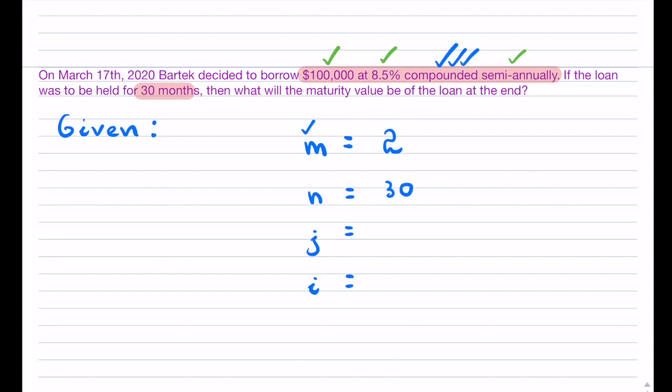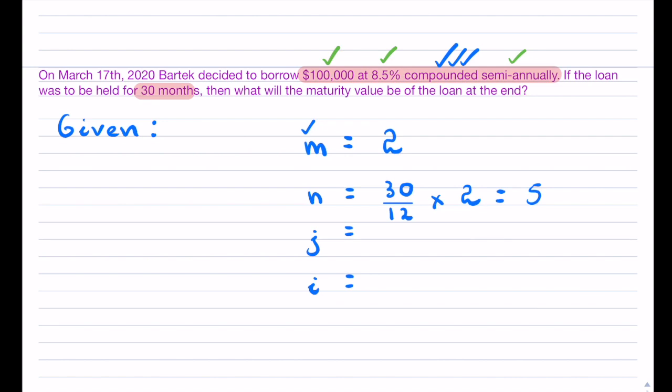In order to get the number of years, I will divide by 12, and then I have to multiply by M, which is simply 2. You can work this out and you will see that this turns out to be 5 terms.